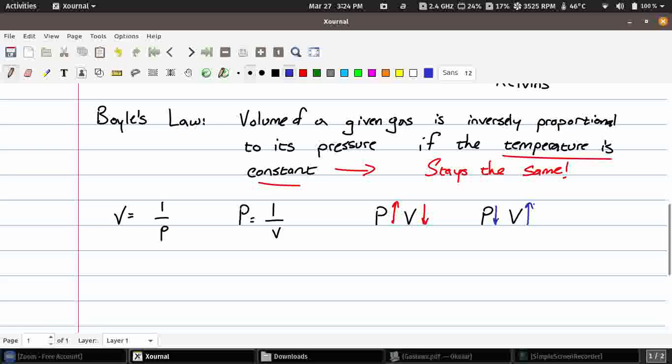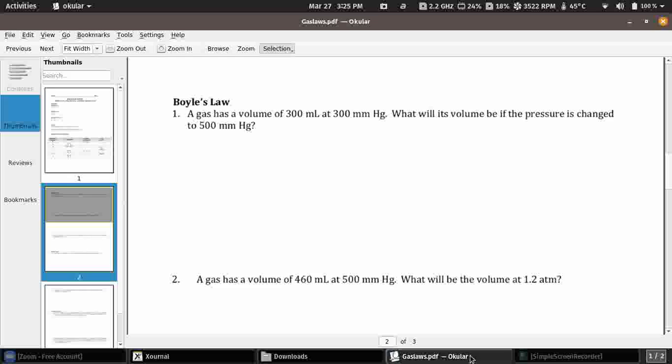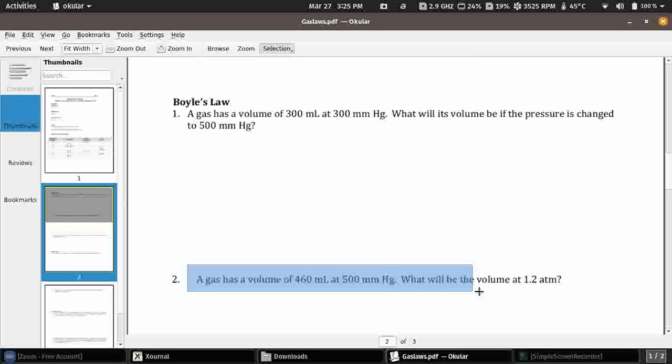That only applies with Boyle's law. That's what all of this is. Now, let's do Charles's law. Actually, let me do an example. That might help you guys. So we'll do this one.